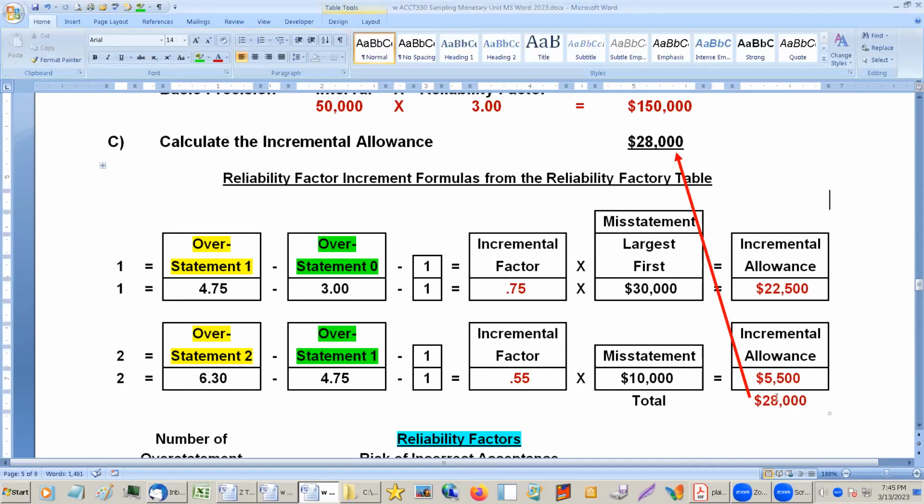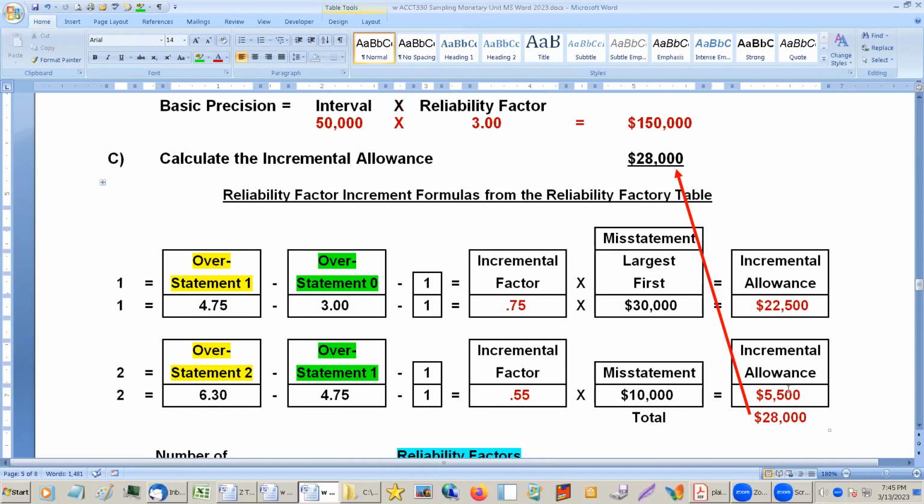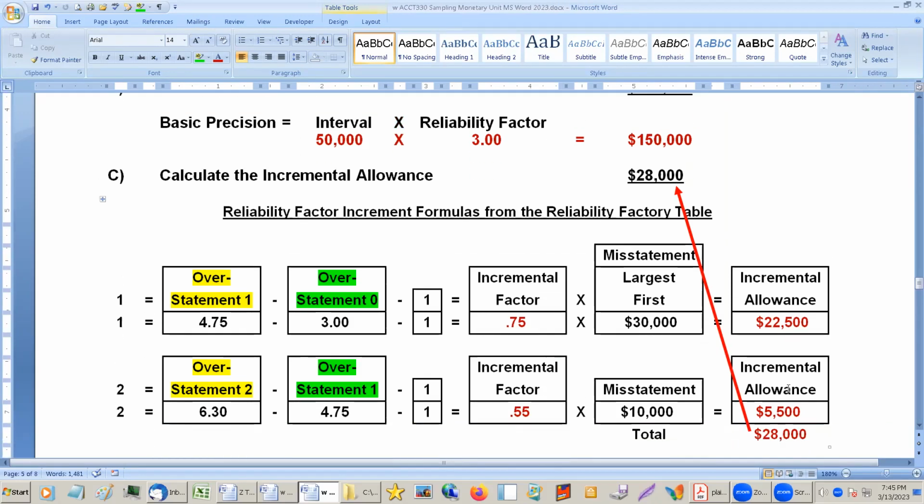So the incremental allowance is 28,000. So this could be up by another 28,000 because we had these misstatements that we found.